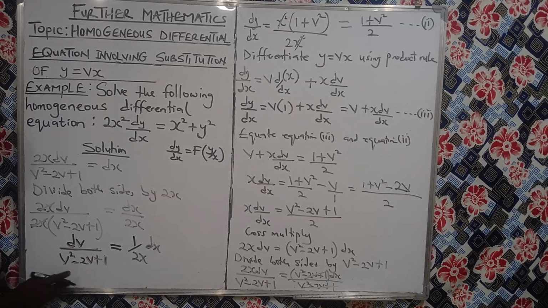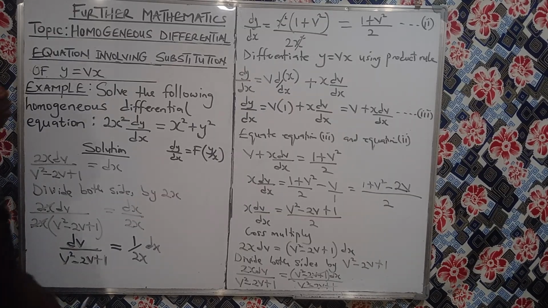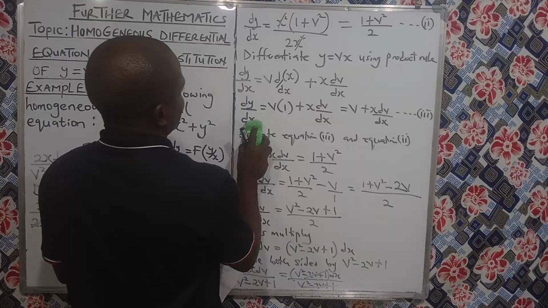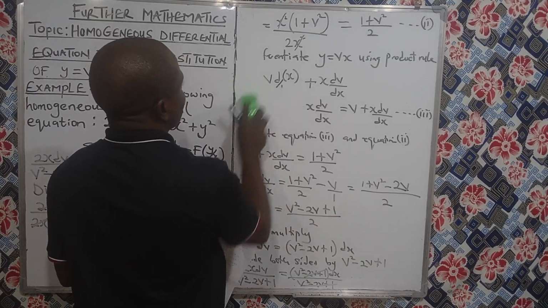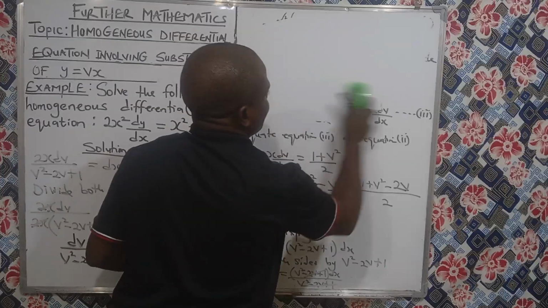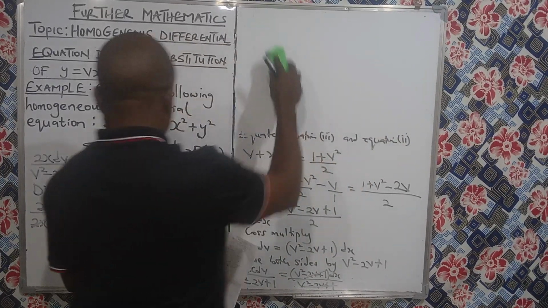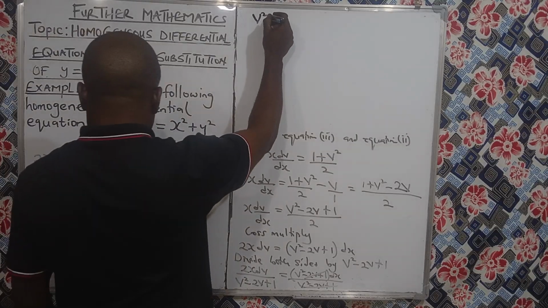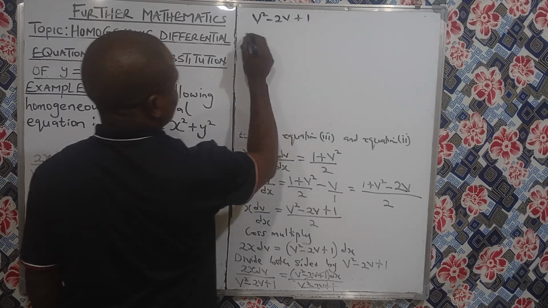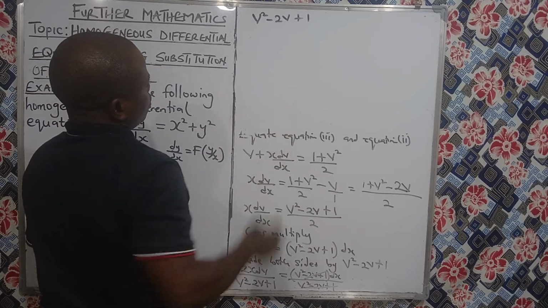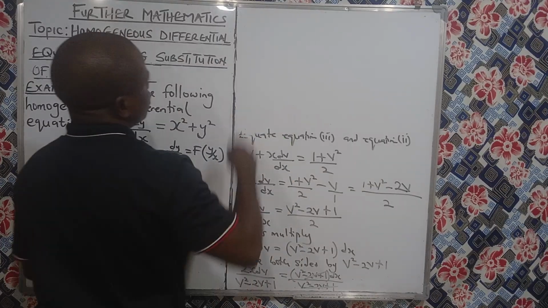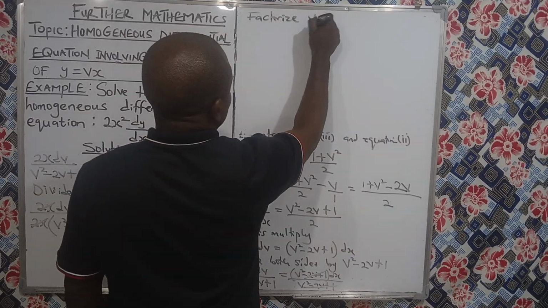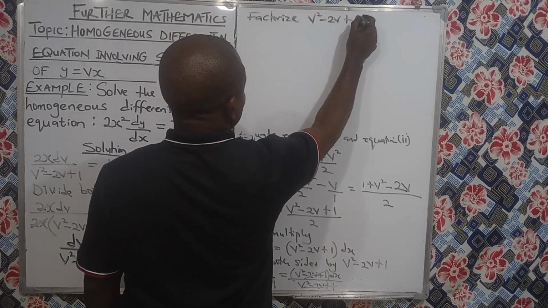Now, we can factorize this v squared minus 2v plus 1.